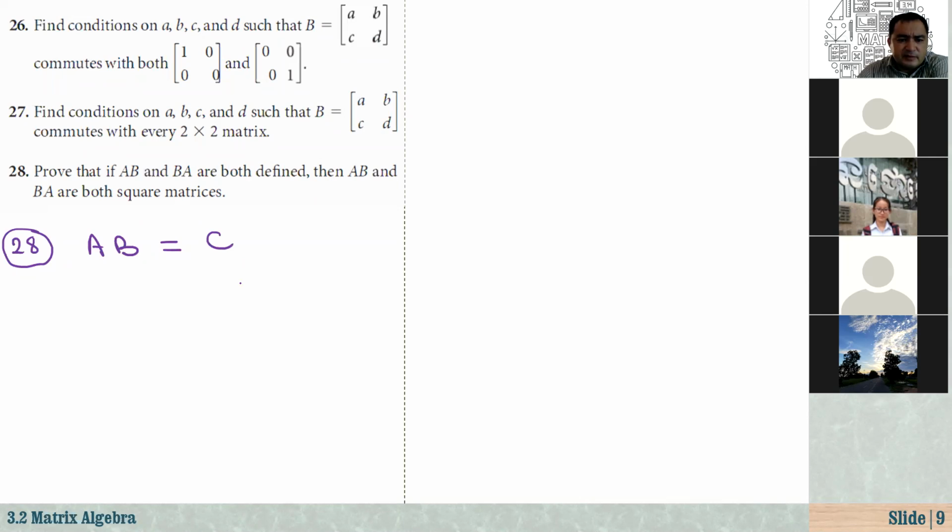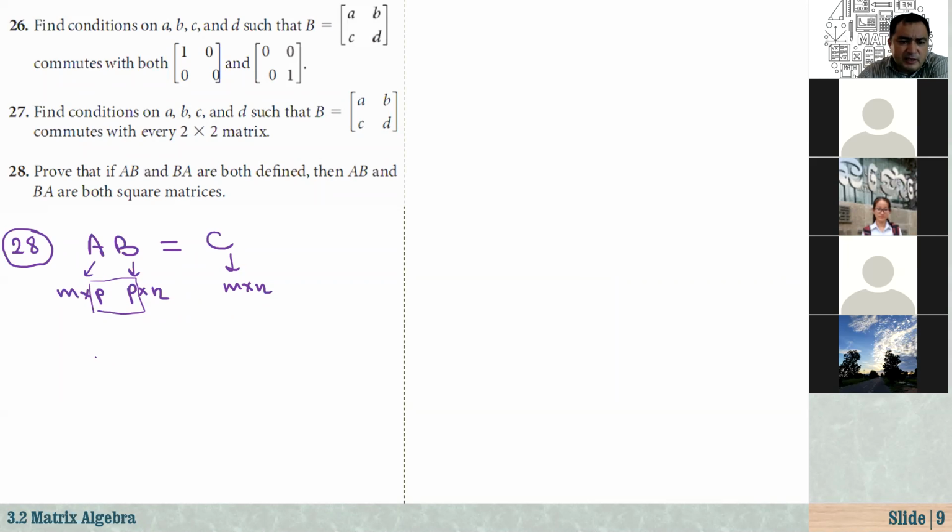Let's say it is C. So if the dimensional size of matrix A is, let's say, M by P, then B must be P by N. So actually the number of columns of A must be equal to the number of rows of B. So the resulting matrix dimension will be M by N, right?